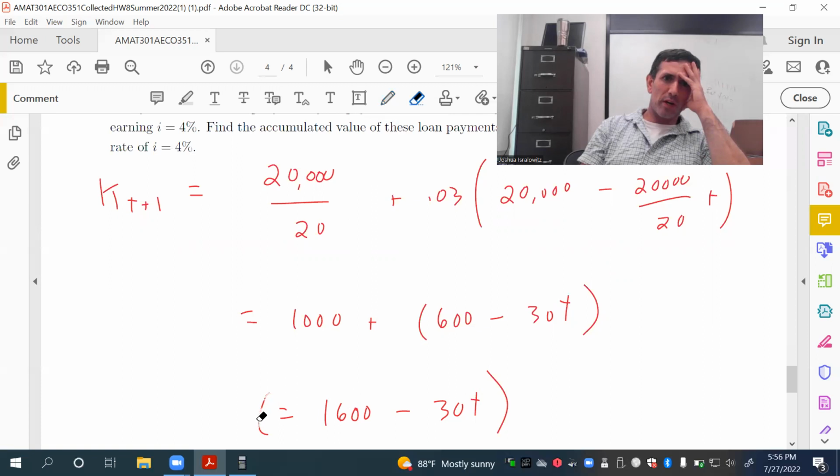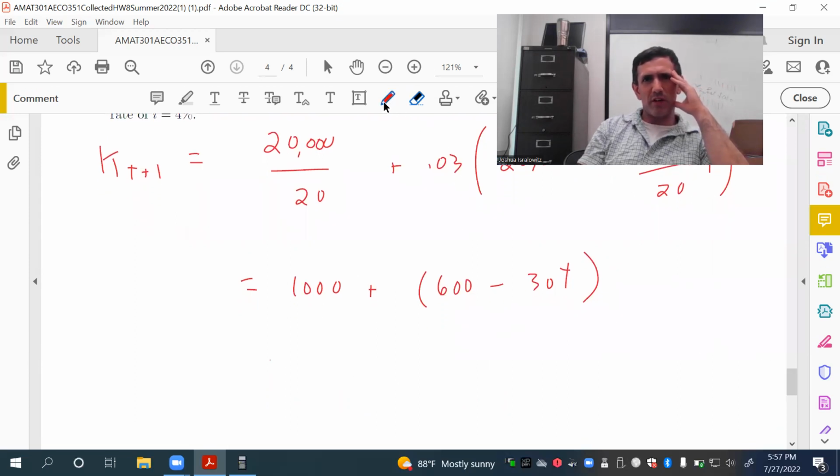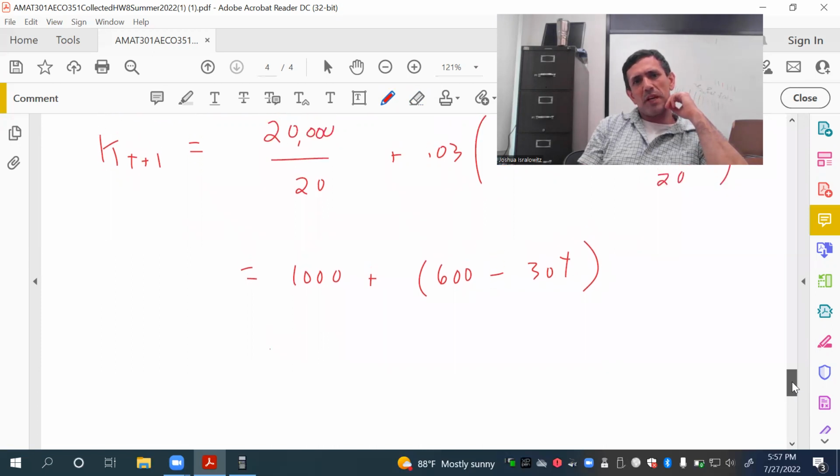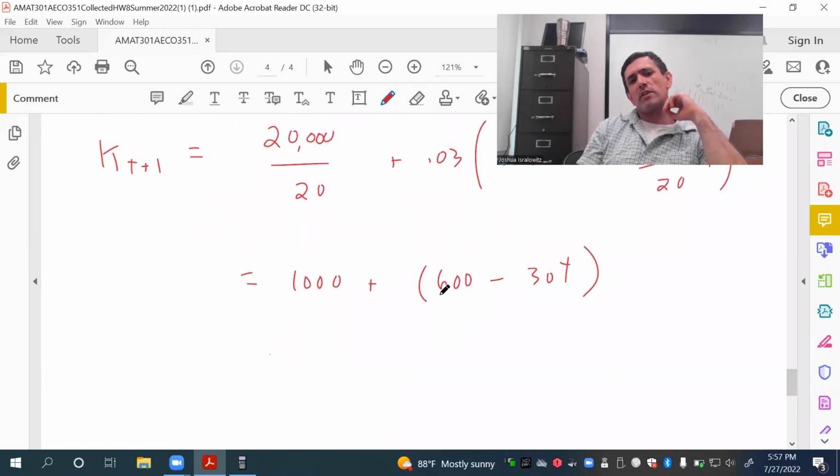If you do it this way, you have a constant annuity plus a decreasing annuity. I don't know if one's any harder than the other, but I don't really feel like changing the video just to do it another way. But now when I teach it, I do it both ways, honestly, during the regular semester.